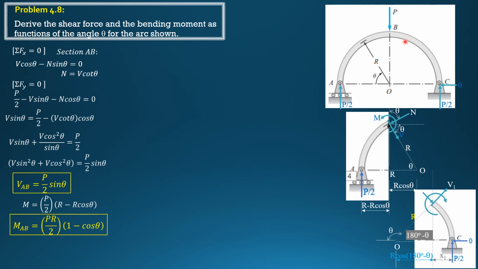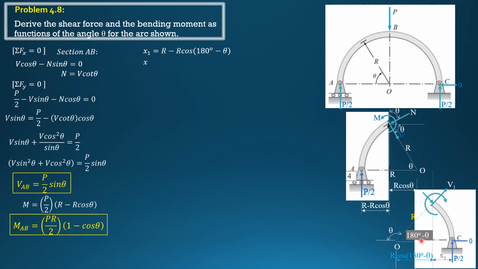Then for the section BC, if this is theta from this axis here, going that way, then this is 180 degrees minus theta. Or if I call 180 degrees minus theta as alpha, so this is 90 degrees minus alpha, so this must be alpha.